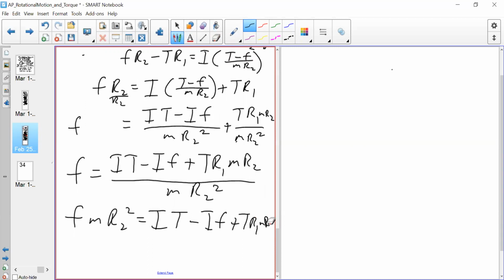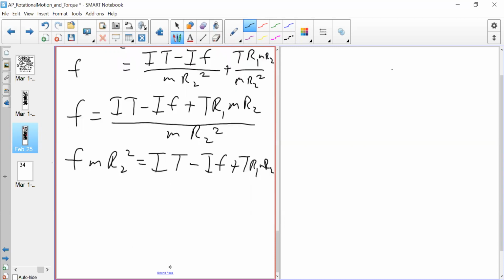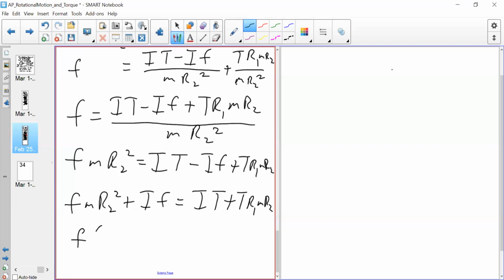So MR2 is multiplied by MR2 squared over here. And then I get all my friction force terms together, equals IT plus TR1 MR2, factorization.